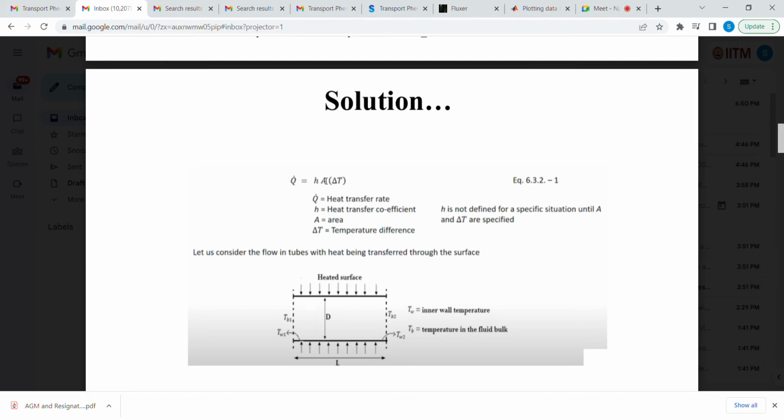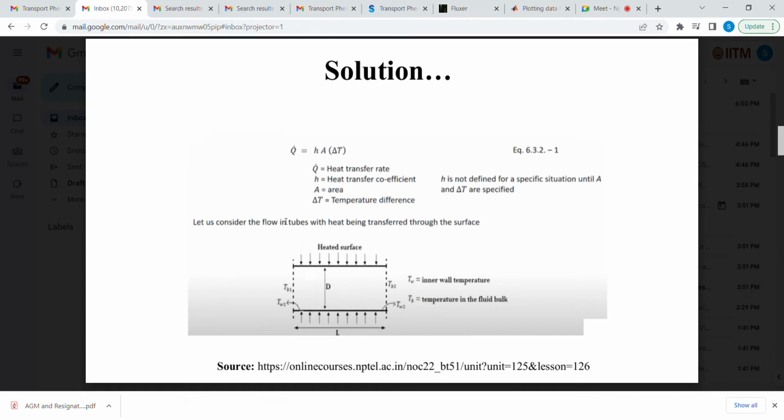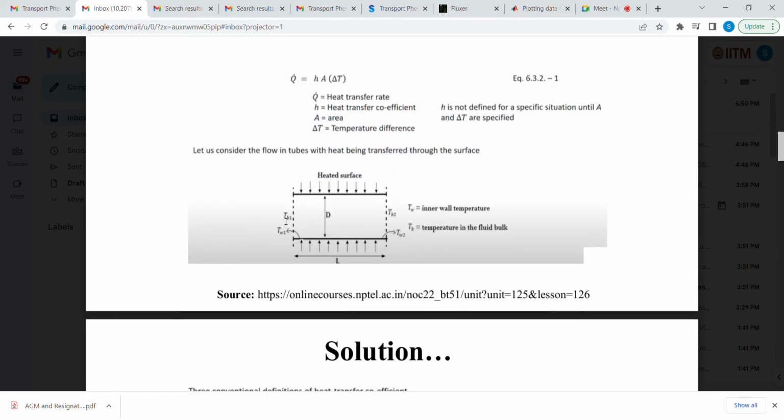So let's consider the flow in the tubes with the heat being transferred through the surface.